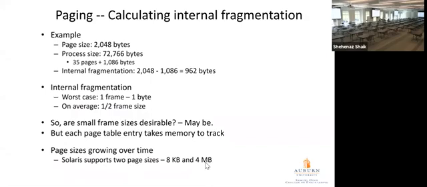For example, databases have some special data structures that they want to maintain. So the large page sizes that you're seeing here, the 4 MB and so on, are for special purposes only. But usually we'll have page sizes of about 8 KB or so, even in modern operating systems.